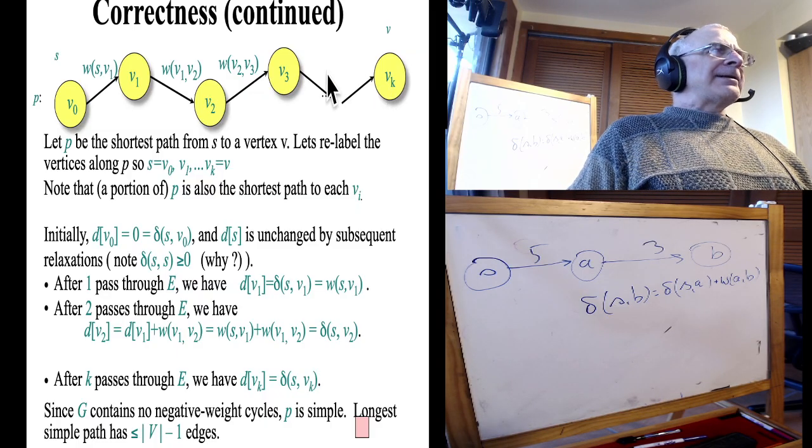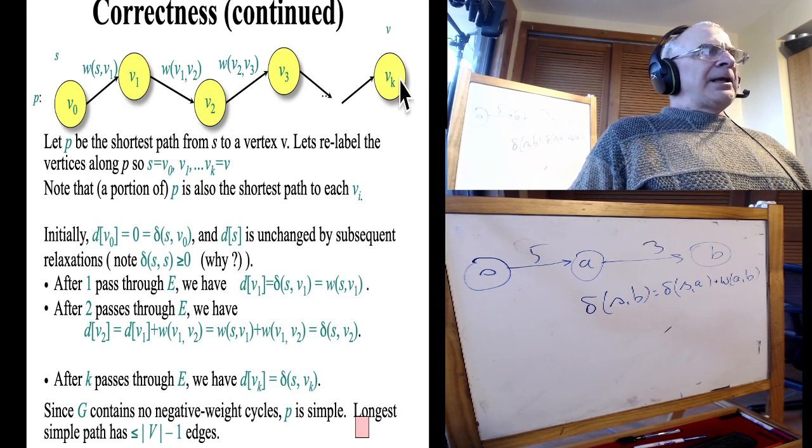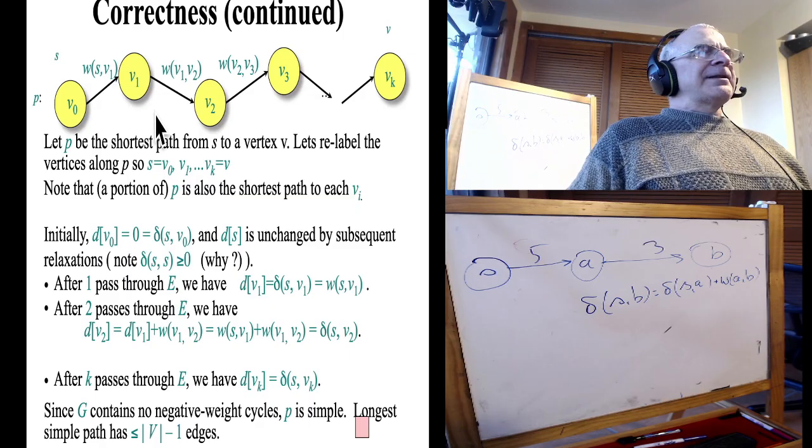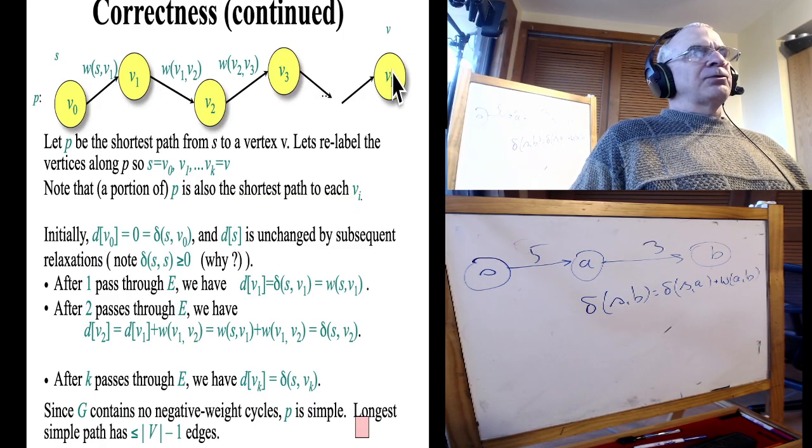So I highlight these names V0, V1, ... Vk, that's not the original name of the vertices. I just give every vertex a different name once I know what is the shortest path to a destination, to T.